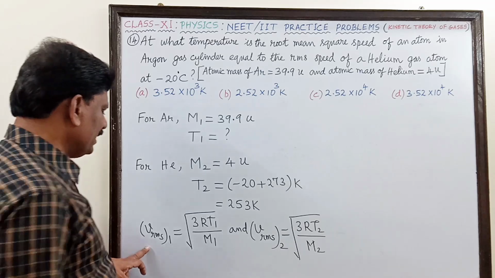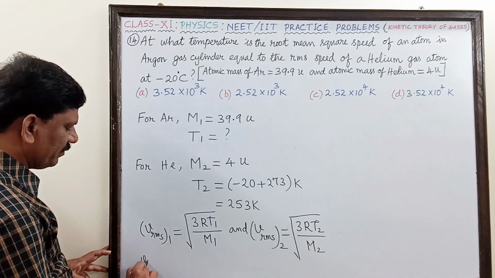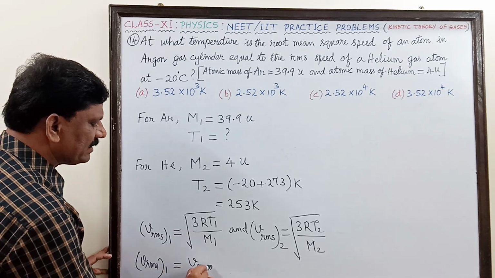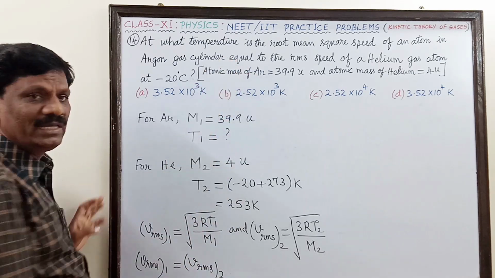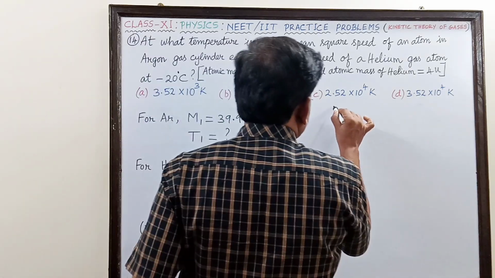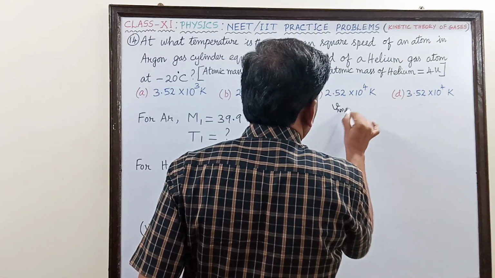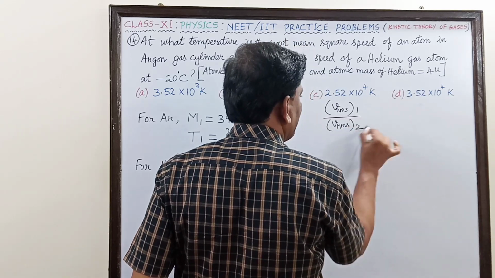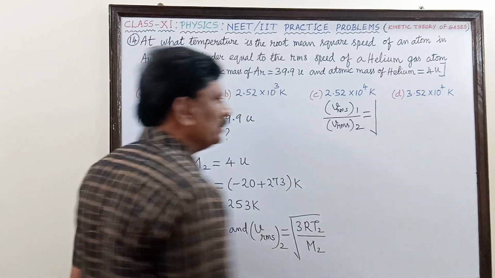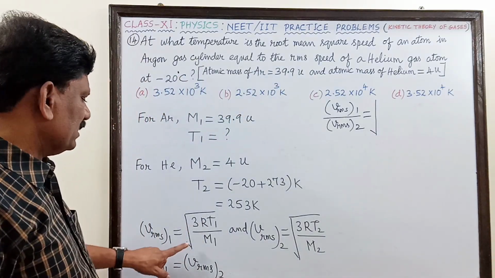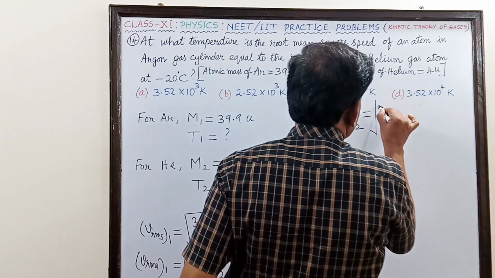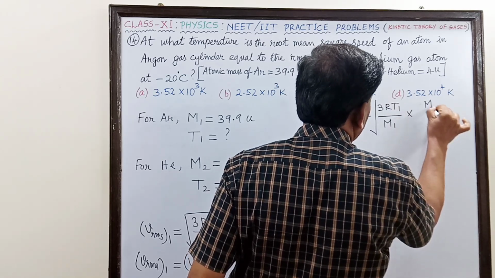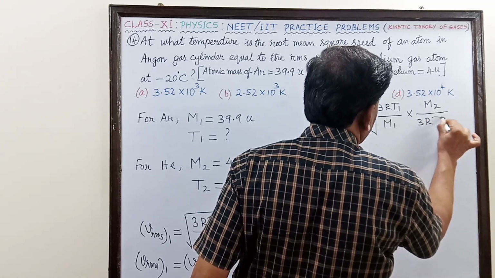Now Vrms for the first gas is equal to Vrms of the second gas. Both are equal. So I will take Vrms of the first gas divided by Vrms of the second gas, and this must be equal to square root of 3RT1 divided by M1 into M2 divided by 3RT2.